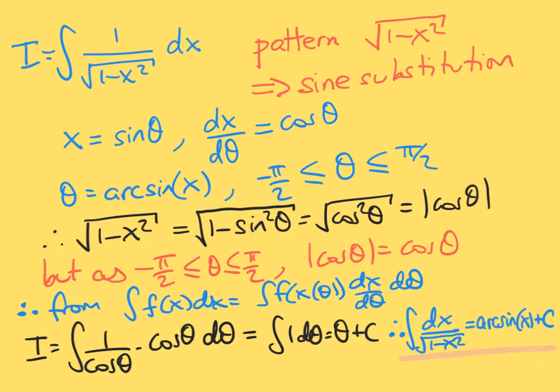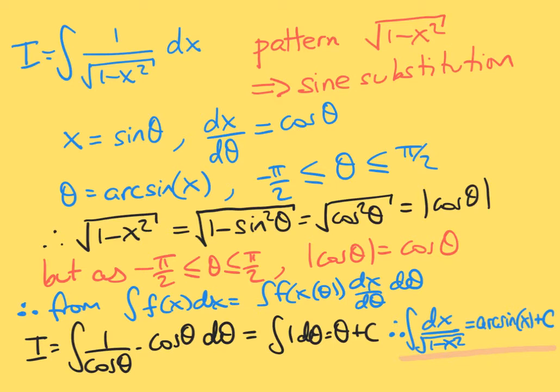But the key thing to recognize is that because theta is in this range, the cosine function is positive. So cosine of any angle between minus pi over 2 and pi over 2 is positive, so we don't need to write the modulus. We can just say it's the cosine of theta because theta lies in this range.